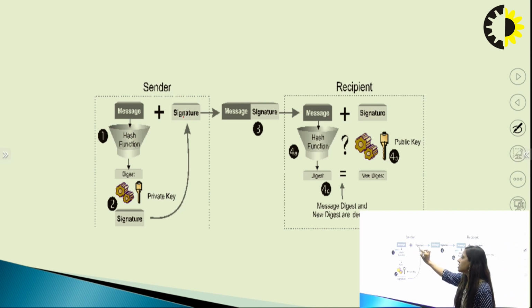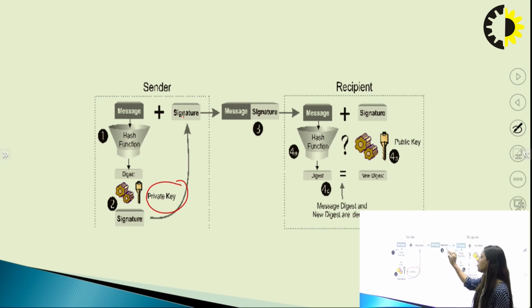Along with that, we are sending a signature, and we generate the signature using keys. Here we are using a private key, and from that we generate the signature, and the combination of message and signature is transferred to the recipient. The sender is sending the message, along with that the sender is sending the signature also. The signature is generated from the private key.